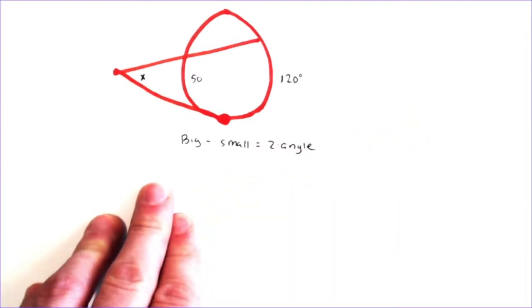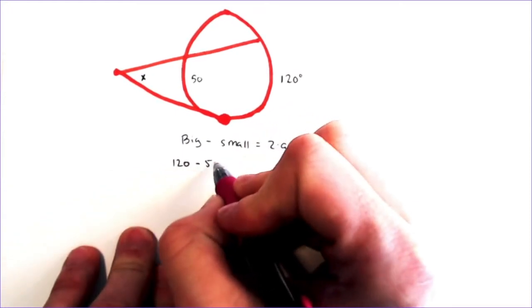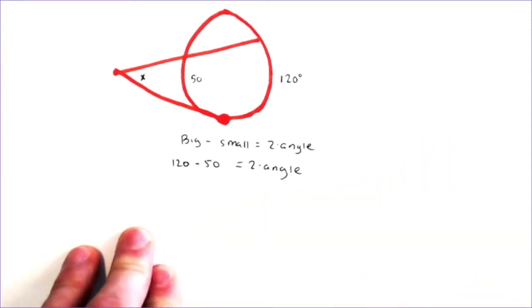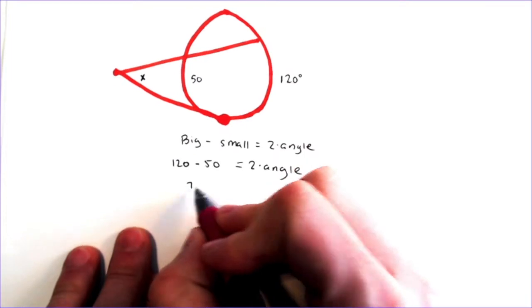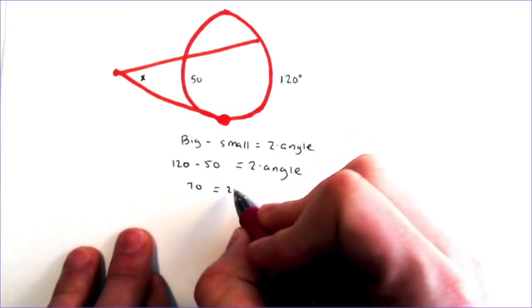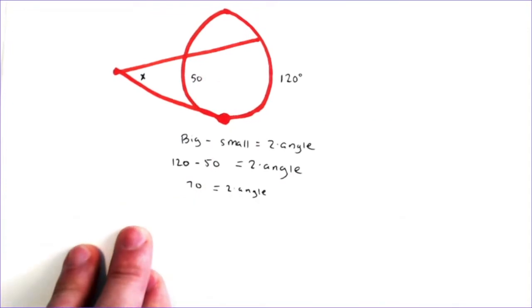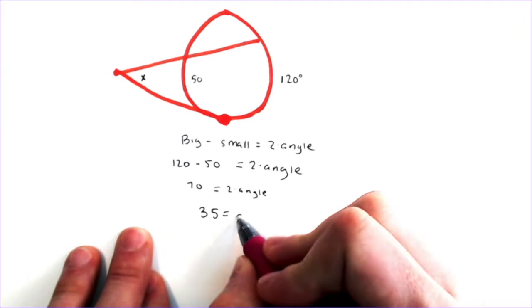So nothing changes there. So we end up with 120 minus 50 equals 2 times the angle. So 120 minus 50 is 70 equals 2 times the angle, in this case x. And when you divide by 2, you get 35 for that angle.